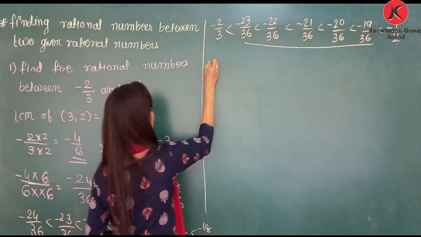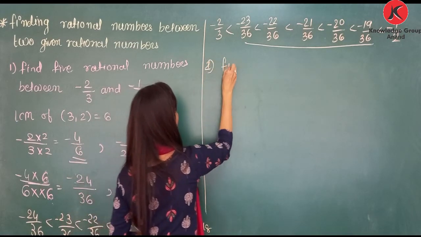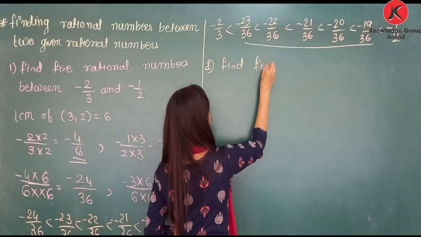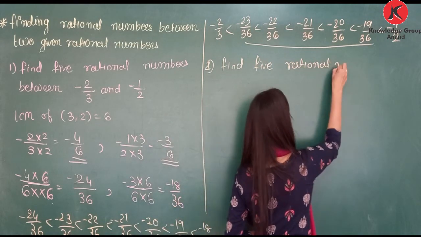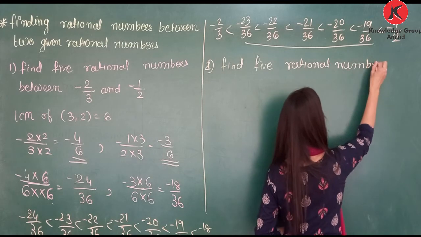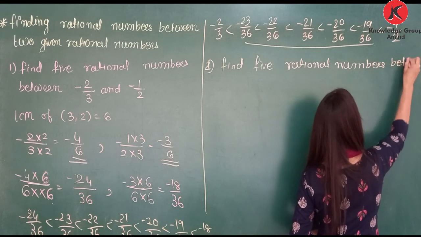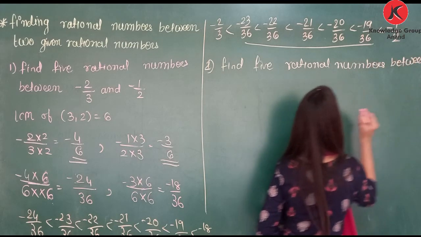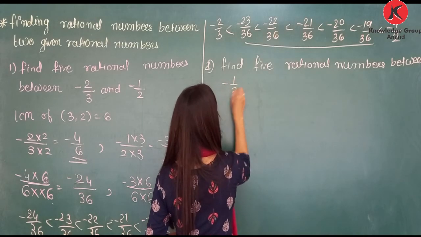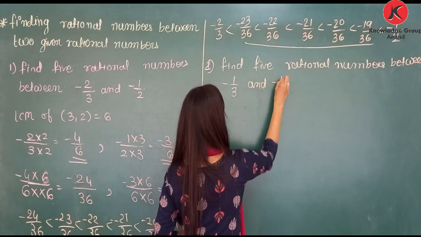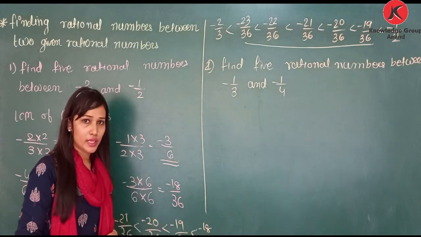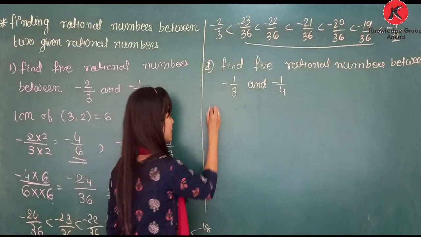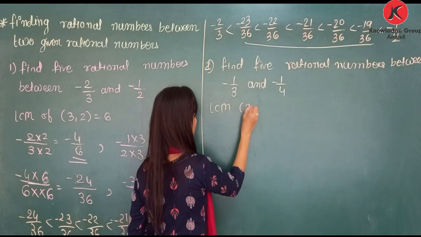Let's take one more example. Find 5 rational numbers between minus 1 by 3 and minus 1 by 4. Again, the denominators are different, so make the denominator the same by taking the LCM of 3 and 4.